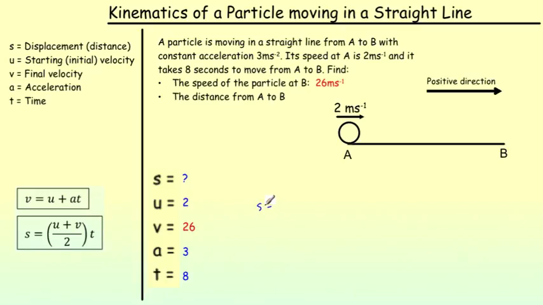We know S is equal to U plus V, which is 2 plus 26, all over 2, and that's going to be multiplied by our T, which is our time, which is 8.